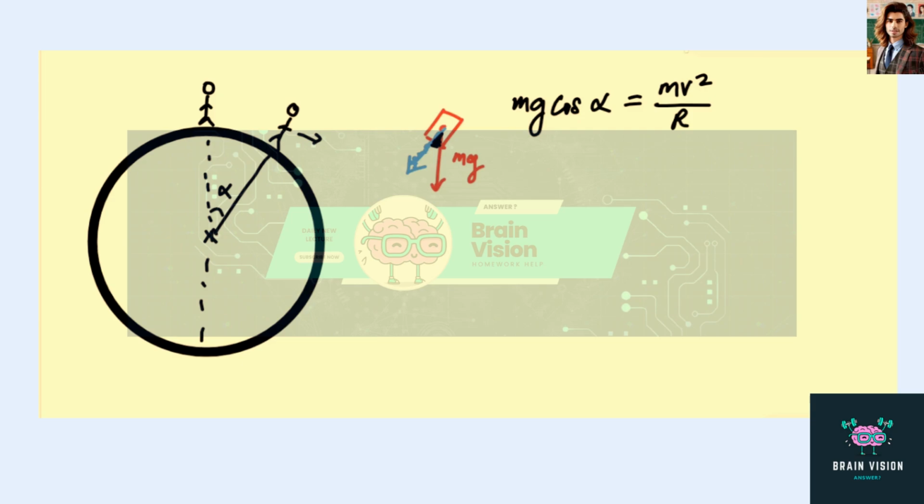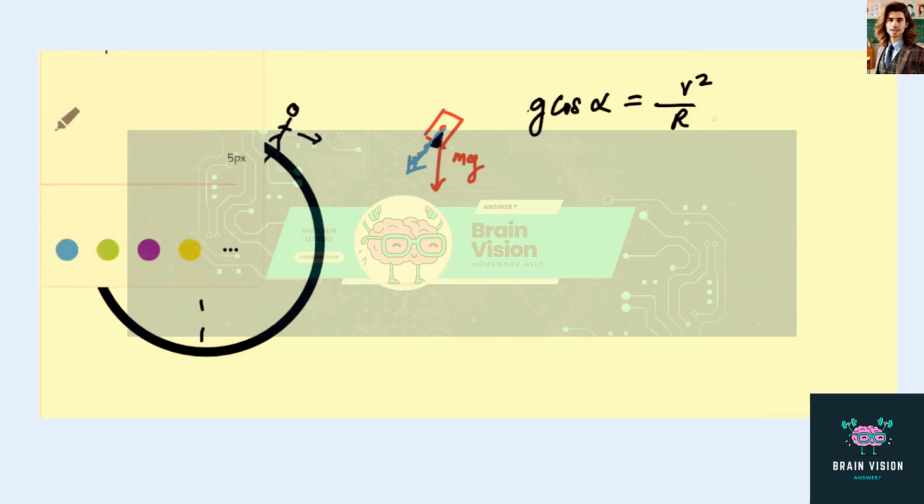We can cancel out the common m to get this expression, but we still can't solve for alpha because we have an unknown v over here.